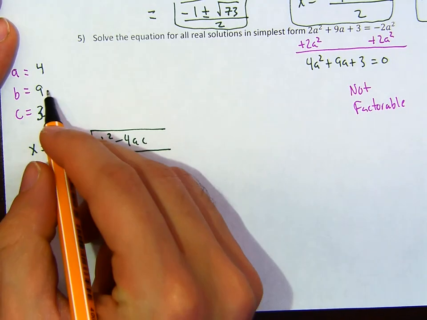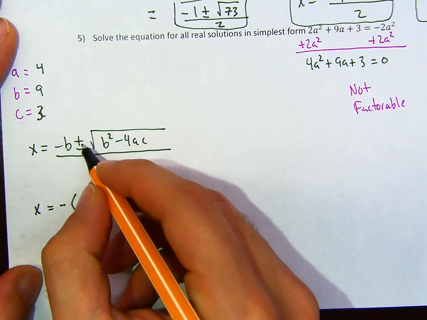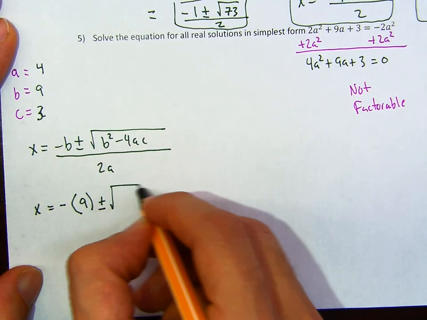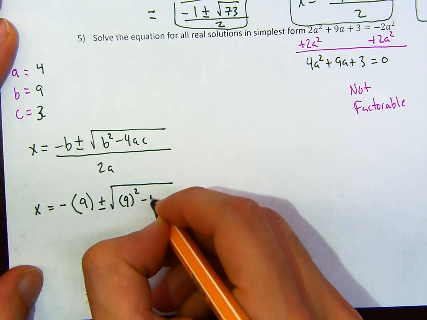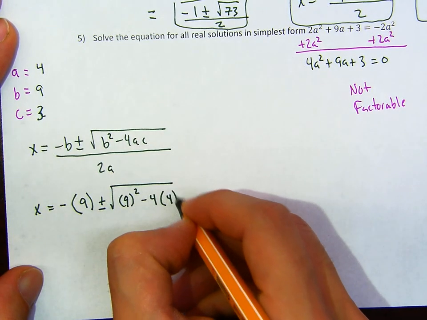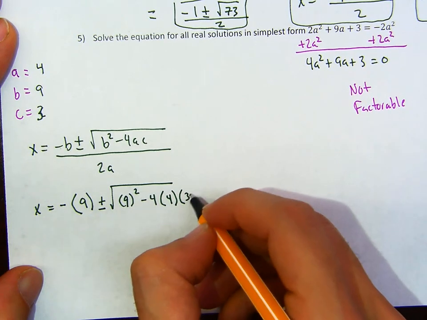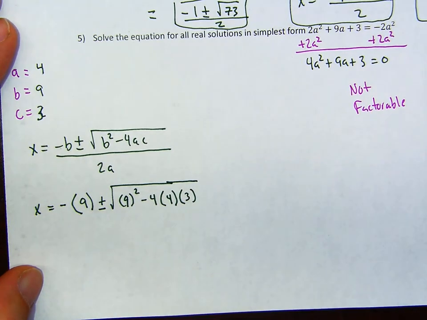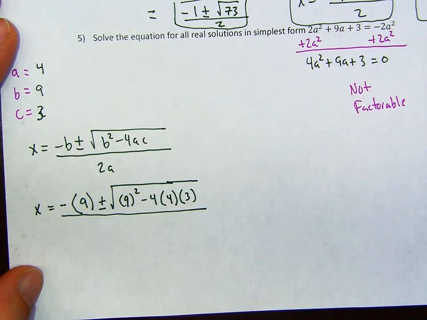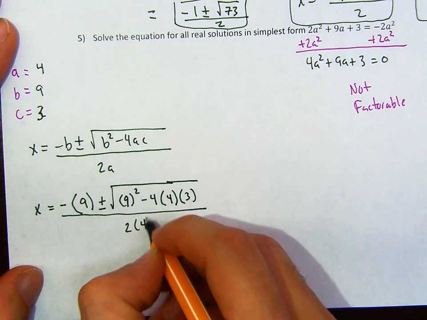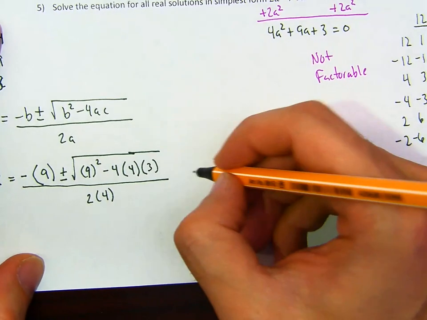Negative, parentheses, 9, plus or minus the square root of 9 squared minus 4 times 4 times 3, and this is all over 2 times 4. Okay, so now let's continue.